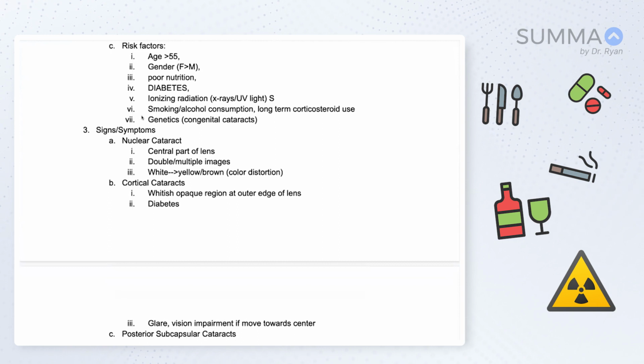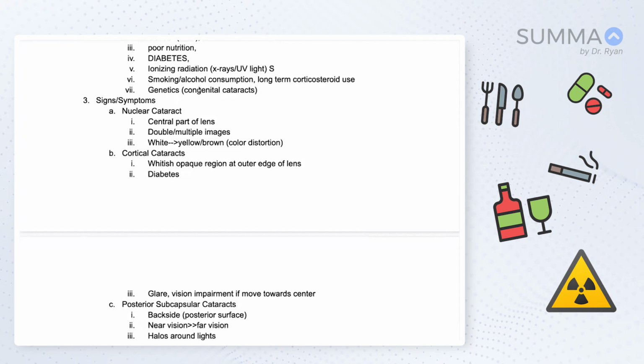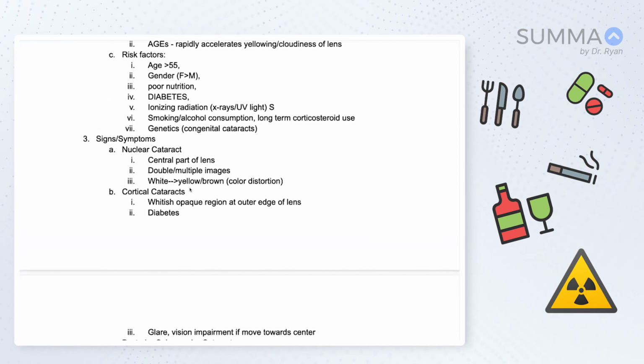Other things like lifestyle-oriented activities like smoking or alcohol consumption, as well as certain medications. Long-term corticosteroid use like prednisone is associated with cataracts. And for an unfortunate few individuals, genetics can play a role, and this is primarily in terms of children, because some children, unfortunately, are born with cataracts, and they're called congenital cataracts.